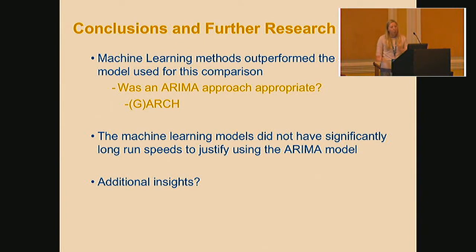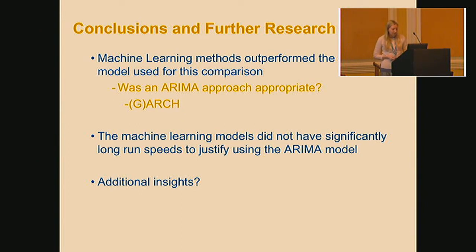And perhaps that would be a more appropriate comparison. But existing literature said that the machine learning models were vastly superior to the ARIMA model, which I agreed with. The machine learning models didn't have a significantly long run speed to justify using the poor ARIMA model.